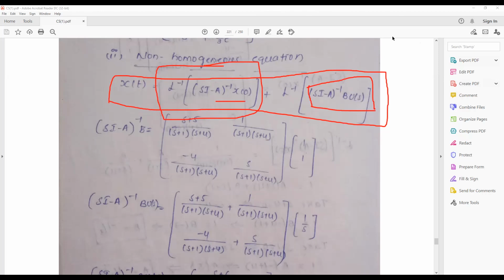So it's very simple. So the solution is Laplace inverse of (sI minus A) whole inverse into x of 0, plus Laplace inverse of (sI minus A) whole inverse into B into U of s.